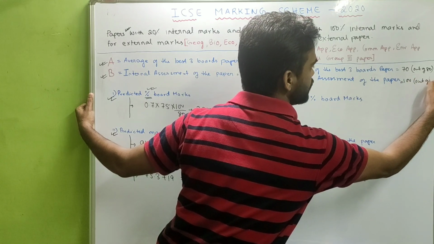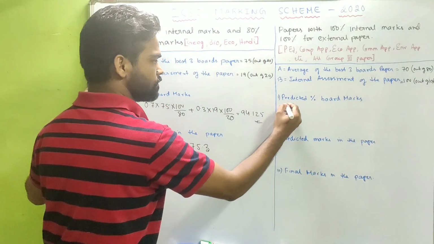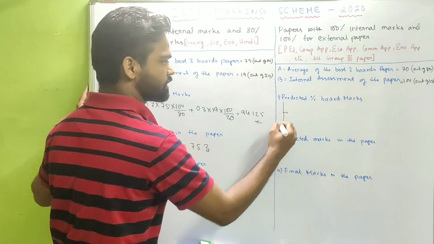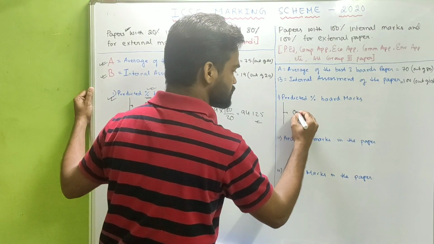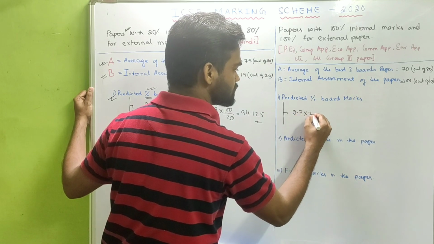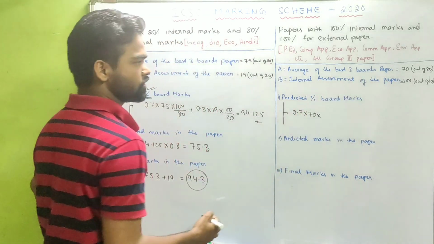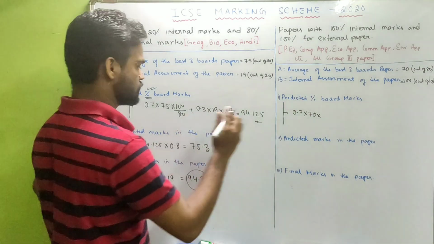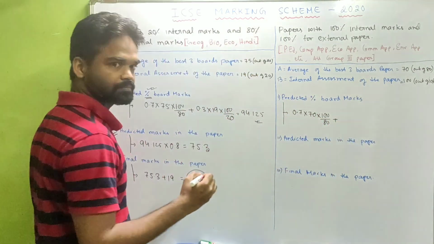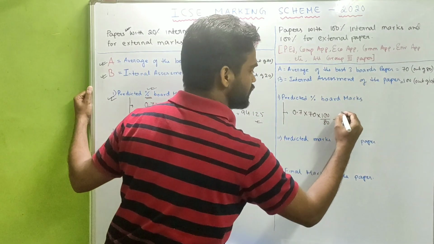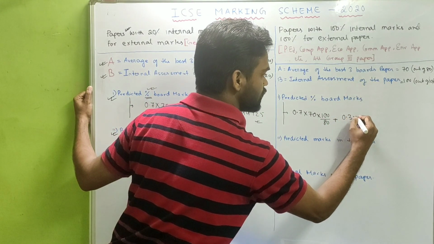Out of 100. First, they will calculate the predicted percentage board marks, which is 70% of this. That's 0.7 multiplied by 70, and it was out of 80 and this is percentage, so we'll multiply by 100 by 80, plus 30% weightage, which is 0.3 multiplied by 100.